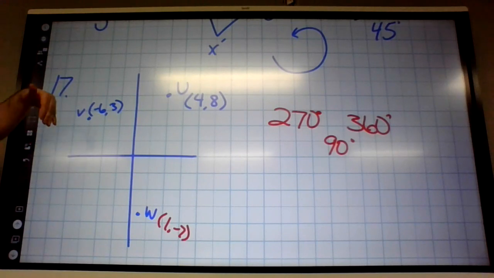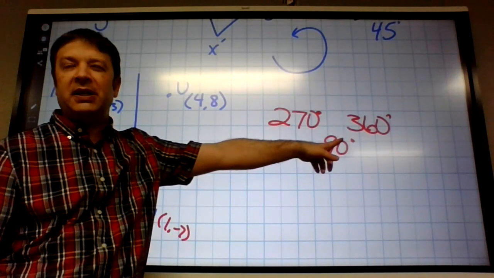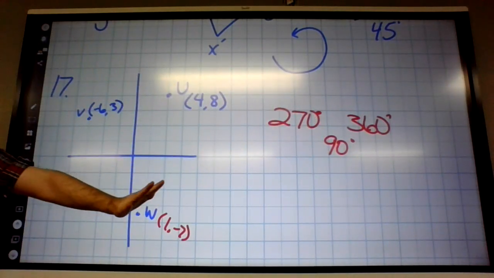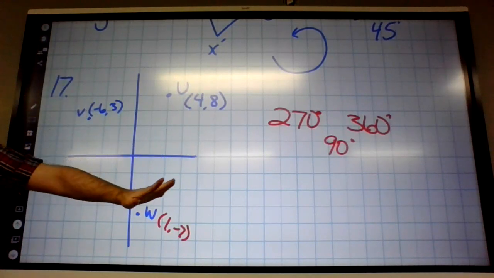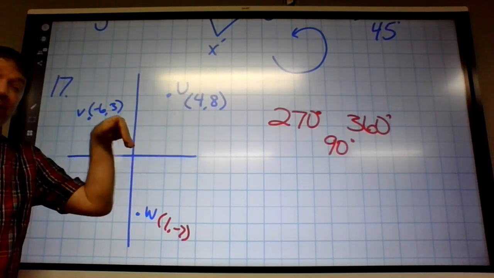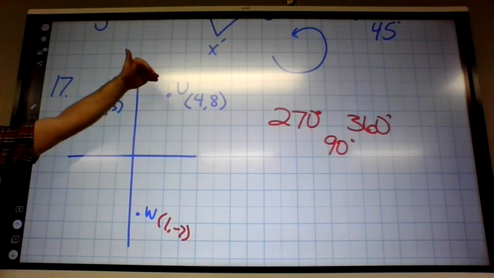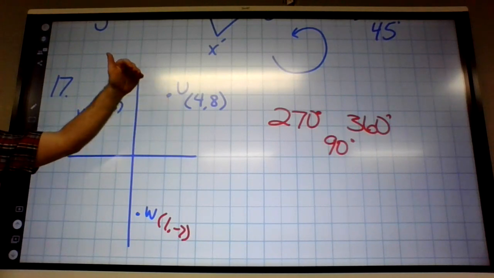Okay. So if it's 90 degrees short of 360, that means it's a 3/4 turn counterclockwise, right? That would be the same as 1/4 going clockwise.